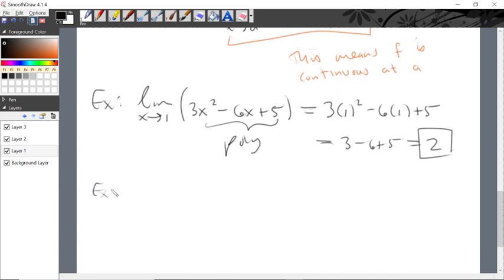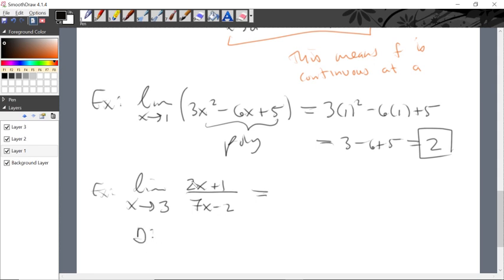Now, we could do the same thing with a rational. Let's take the limit as x goes to 3 of 2x plus 1 over 7x minus 2. All right? So 3 is within the domain of this function.